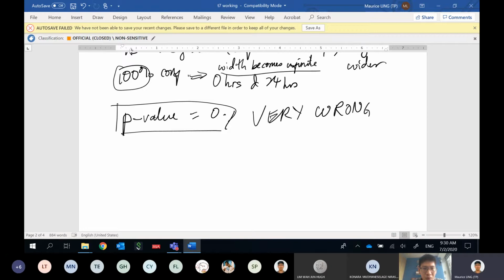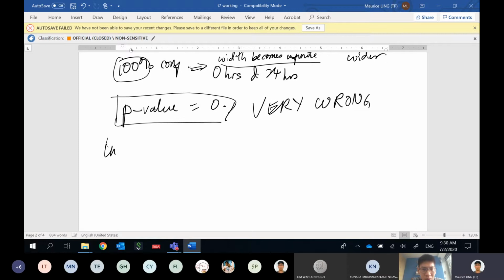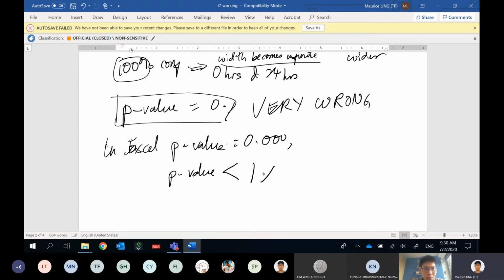So you have to find out for each software what the limit of the p-value is. In Excel, when the p-value gives you 0.000, it really means that the p-value is less than 1 times 10 to the power of minus 240, if you are using the latest version. Never write p-value equals 0.